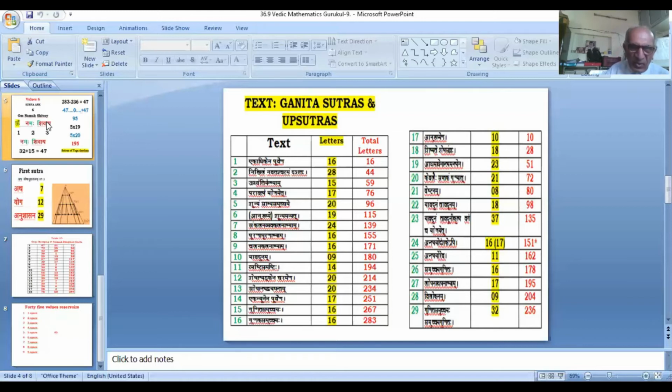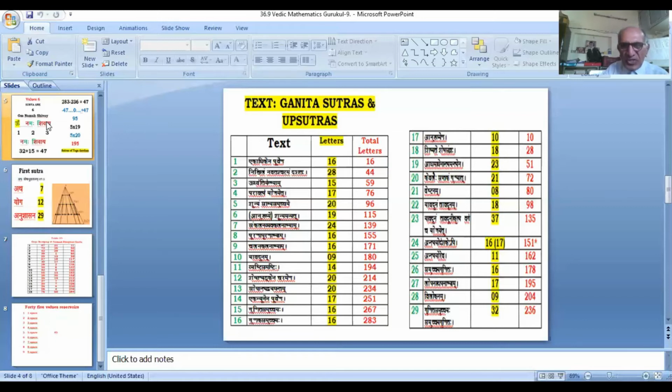And today value of formulation Ekadikein Purvain is taking us to value 16 parallel to 16 letters of the text of Ganita Sutra 1. Therefore, we shall have tabulation of 16 sutras and 13 upsutras.